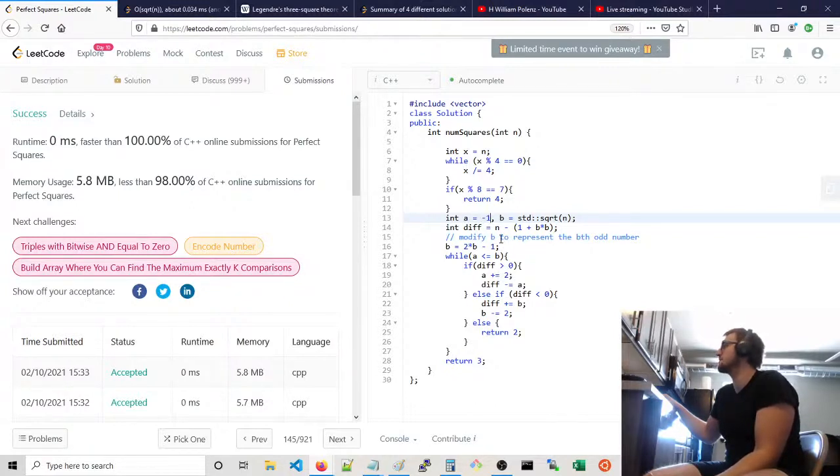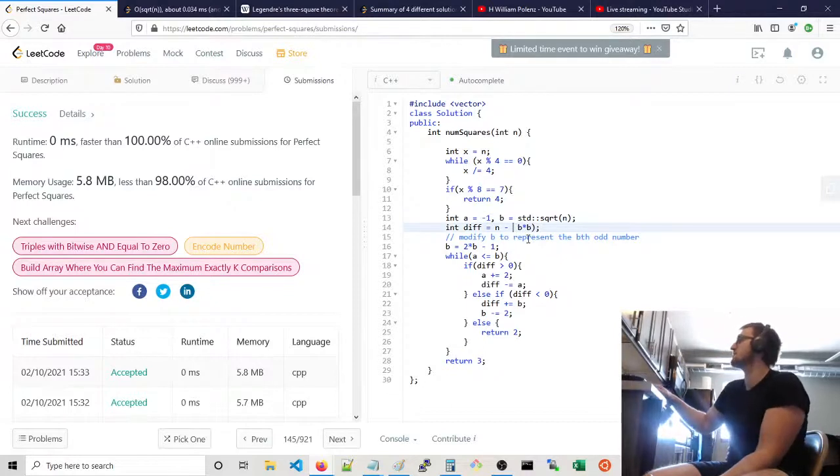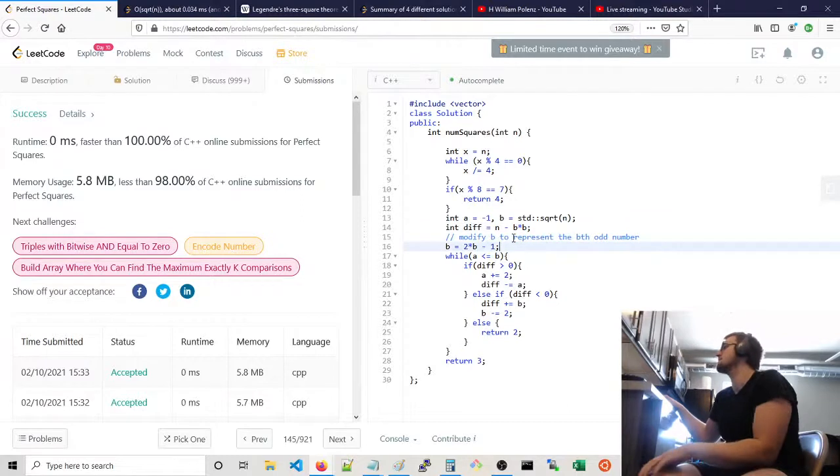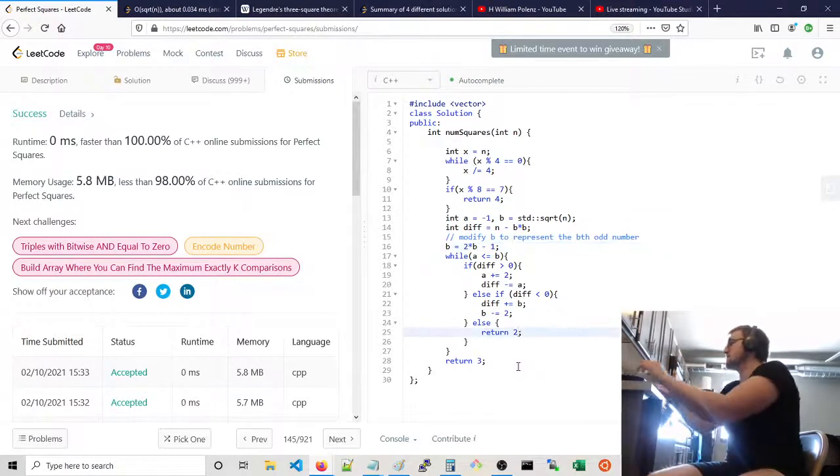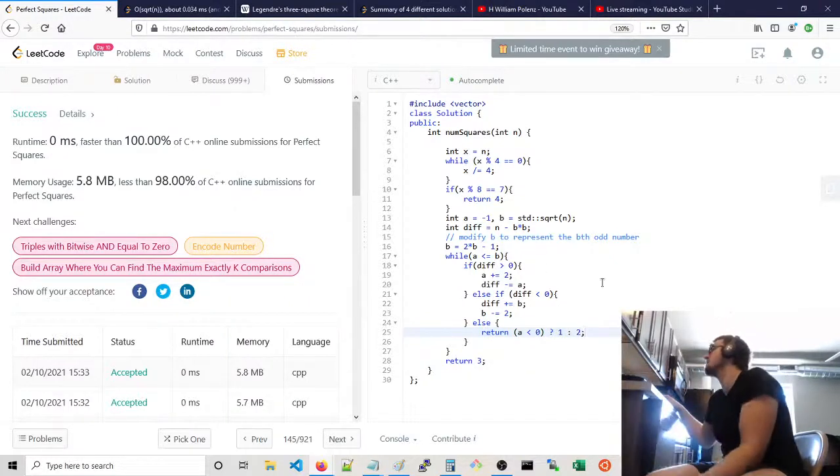So A is 0 initially. Let's just give that a shot. Say if A is 0 initially, and then we'll say A is less than 0, return 1, otherwise 2. Oh, I see.